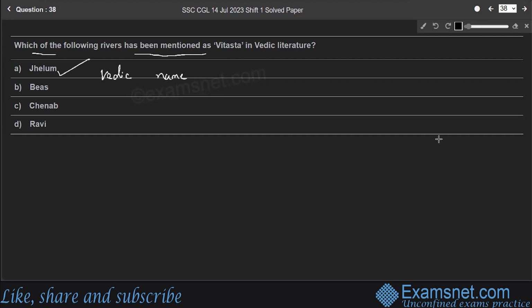Vitasta is referred to as one of the crucial rivers by the holy scripture, the Rig Veda. The Zeelam is the important waterway of the Kashmir Valley. The Zeelam River is a river in the northern Indian subcontinent, in the north part of India, right?